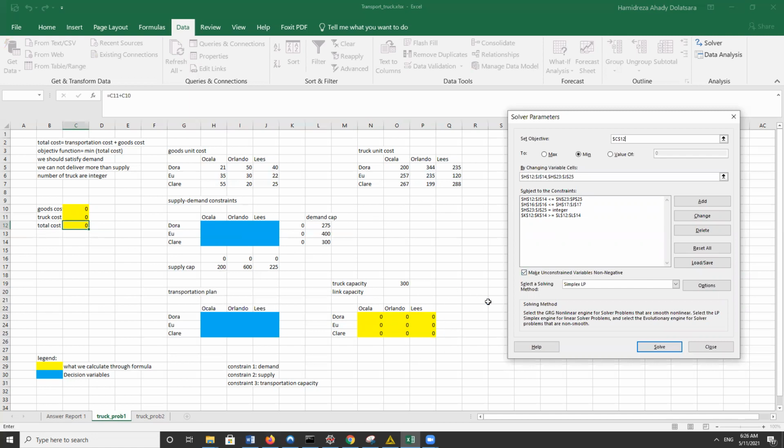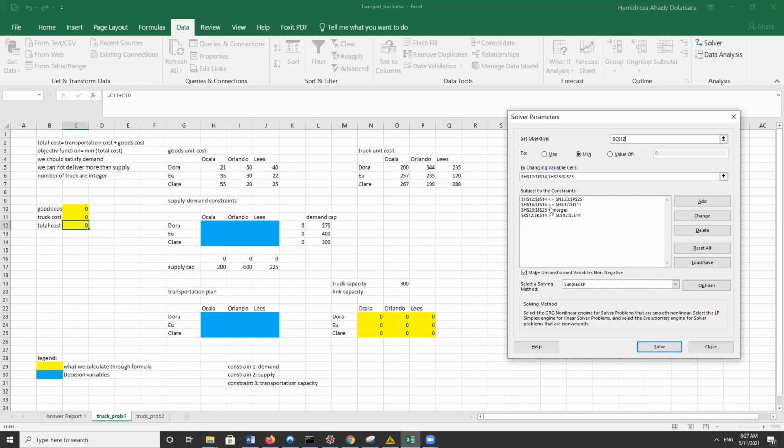These are just the capacity of each link, for example, Ocala to Dora or Orlando to Claire. So all the cells in the first blue table, which is the amount of goods, should be less than the yellow cells, which is capacity.